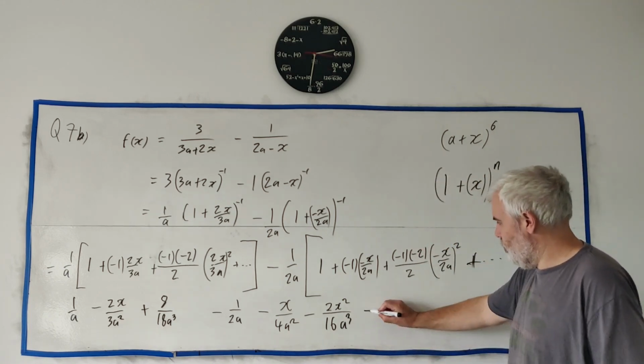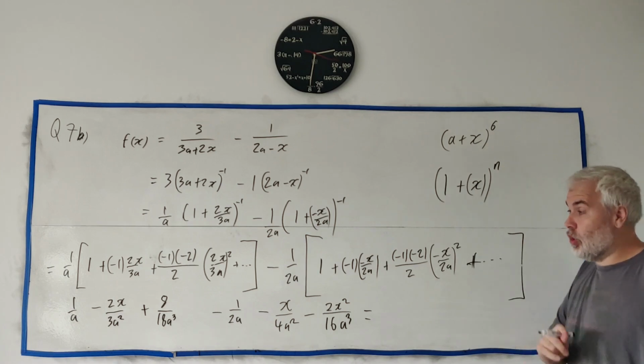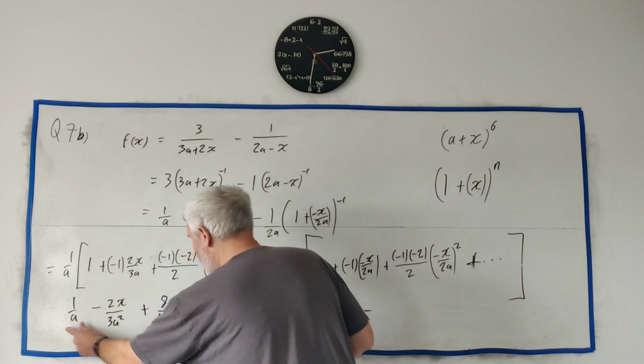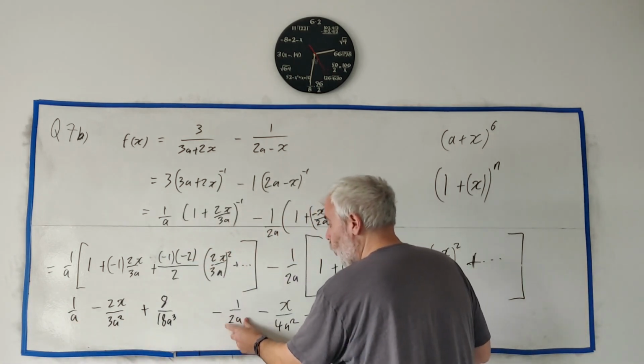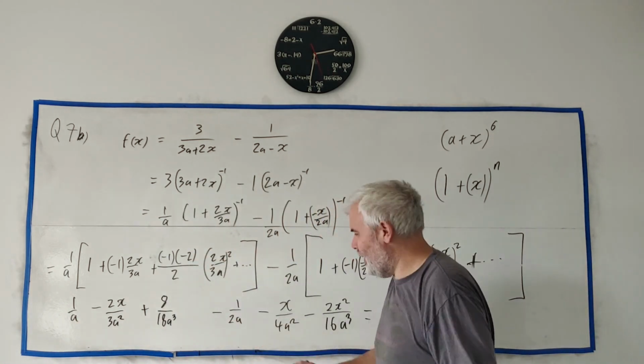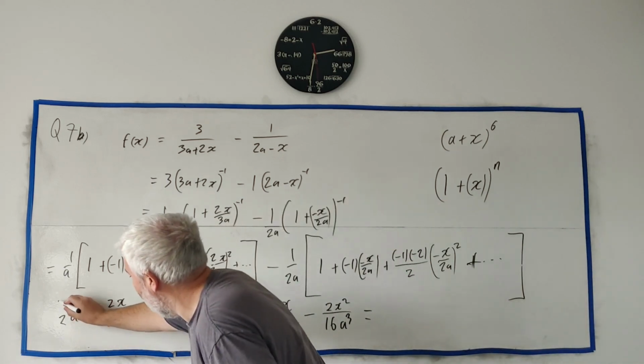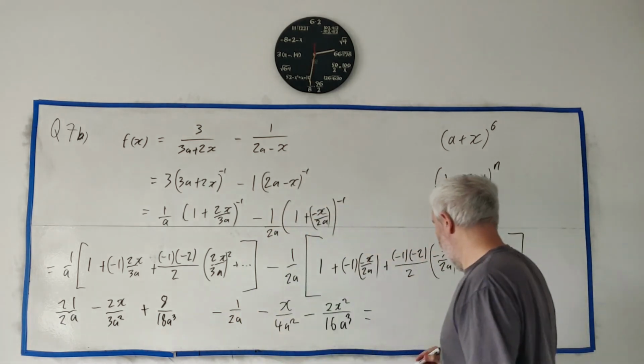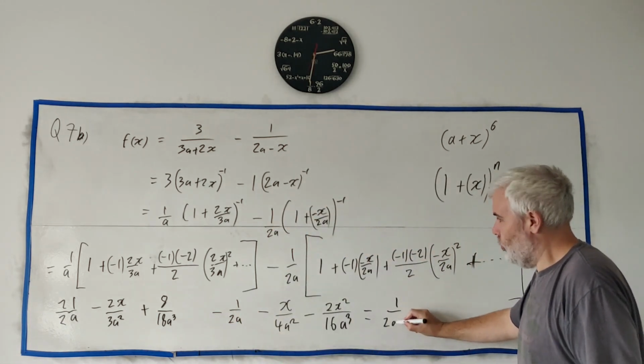I think I'll have just enough room to put all this together here. I'm looking for 3 terms, the terms without any x's. That's 1 over a minus 1 over 2a. We need the bottom row to be the same, so I need a 2 down here, so I'll put a 2 up there. That becomes 2 minus 1, that's 1 over 2a.